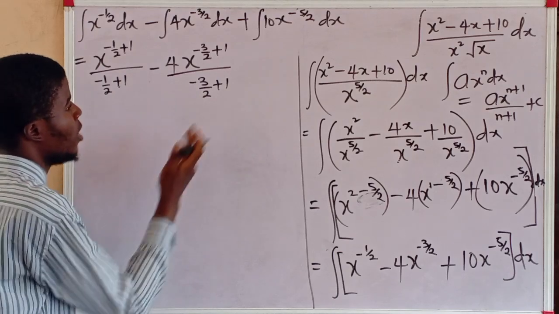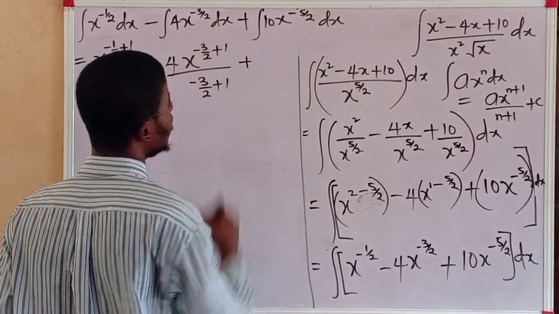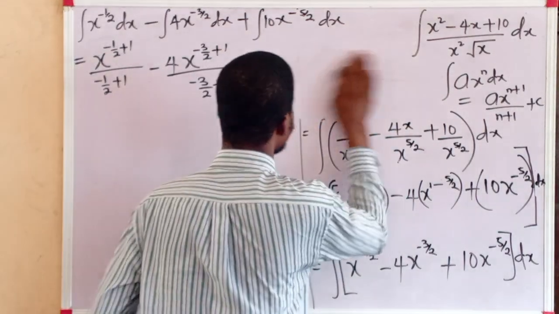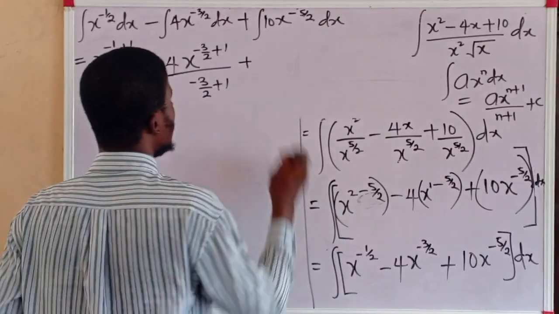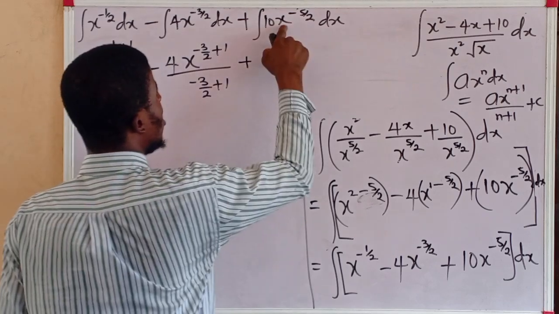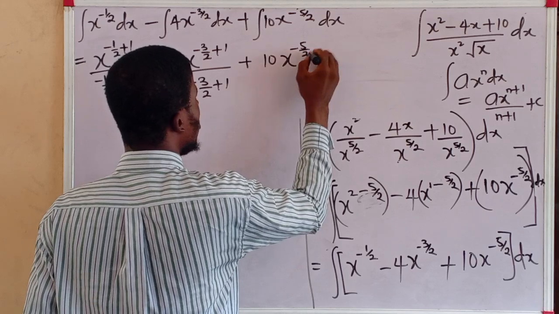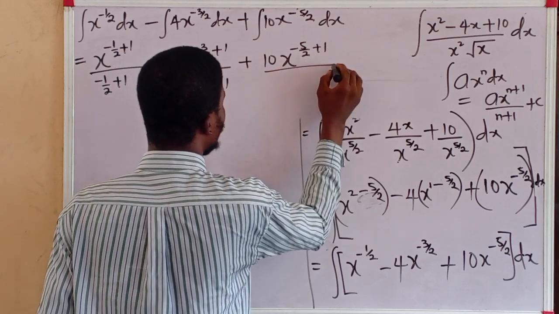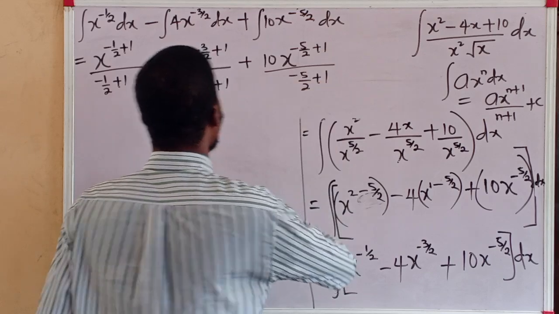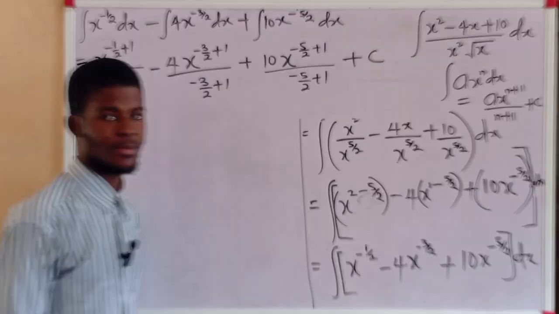Plus, 10 is a constant, so 10 can be brought out. And if we integrate this, we have x to the power of minus 5 over 2 plus 1, all divided by minus 5 over 2 plus 1. And we just add an arbitrary constant to everything.